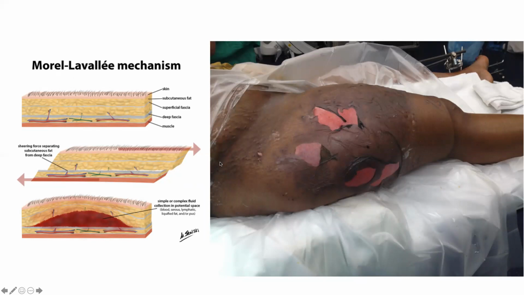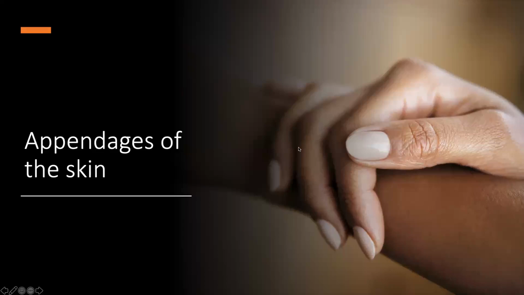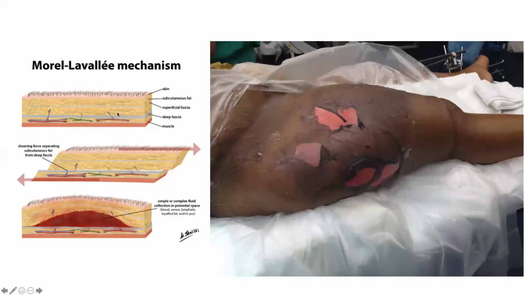The usual scenario is a young, big guy being thrown off from the motorbike, multiple injuries, a lot of abrasion or just skin injury. In a few days' time, we noted this big swelling in the leg. There might or might not be an associated underlying bony injury, but what really happened is there was a shearing force.